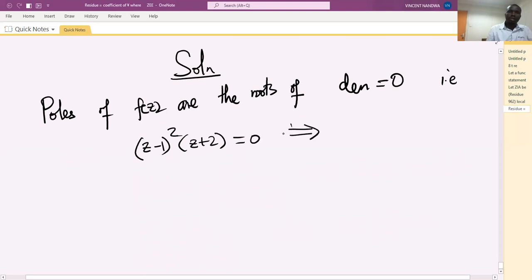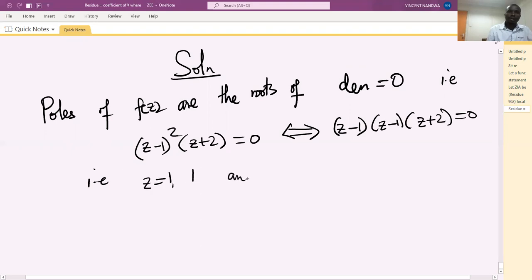This is the same thing as saying z minus 1 times z minus 1 times z plus 2 equals 0. So that is z equals 1, 1, and z equals negative 2.